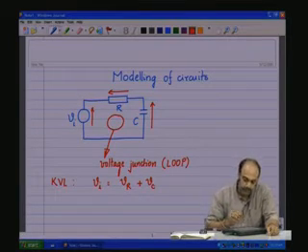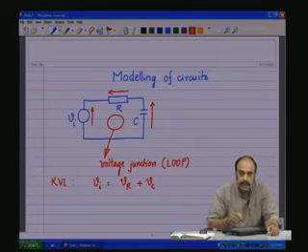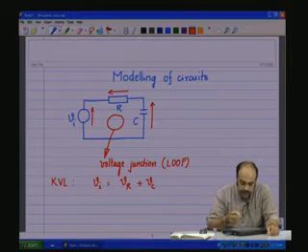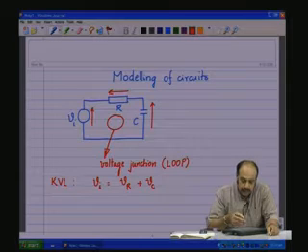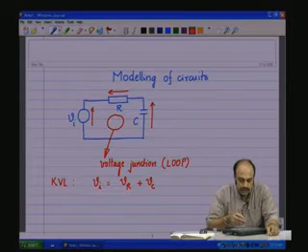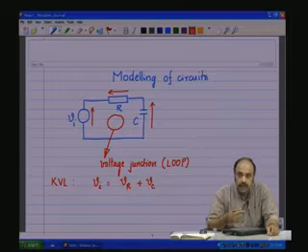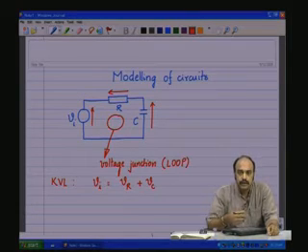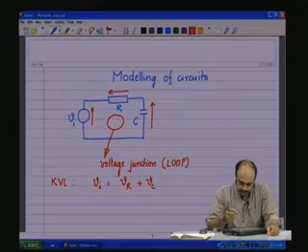So, this is the equation for the circuit, but however, this equation does not fully describe the circuit which is having components like the resistance and the capacitance. We need to have much more detail to understand and analyze the circuit.